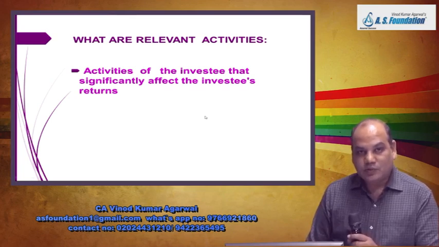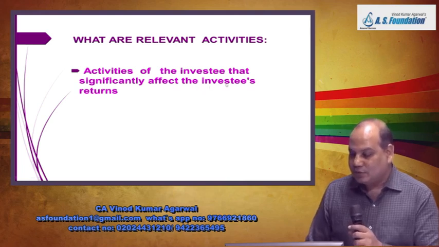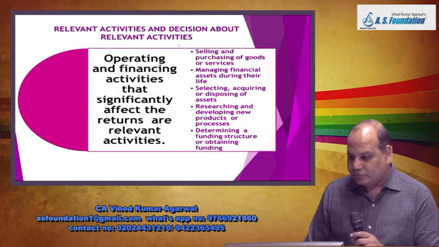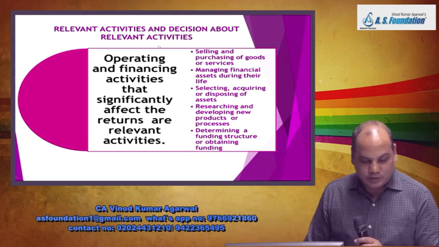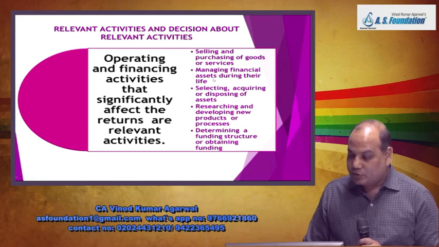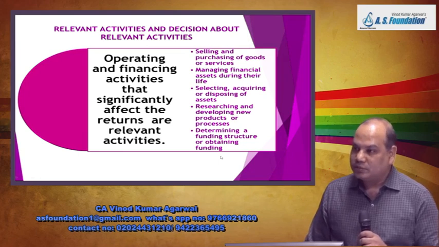So there is a definition also they have given. What are relevant activities? Activities of the investee that significantly affect the investee's return. So in every business there will be some activities which have an impact on your risk and return. So relevant activities and decisions about relevant activities will include selling and purchasing of goods or services, managing of finance, selecting, acquiring and disposing of assets, researching and developing new products and services, and determining the funding structure or obtaining the funding.